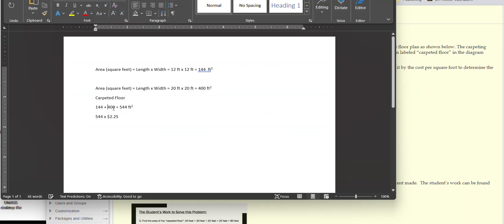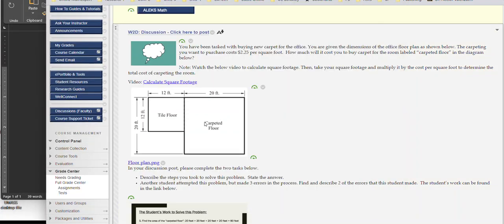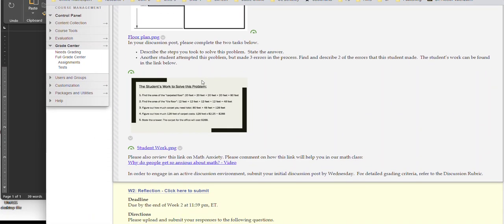We don't need that. So just forget about that. So it's 400 square feet. So then this would be 400 times the $2.25 a square foot to give you the cost to carpet just this carpeted area. That'll help you with the math part of it.